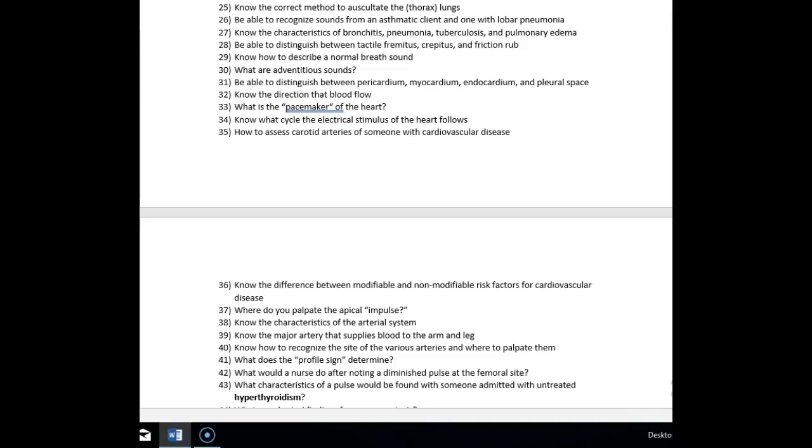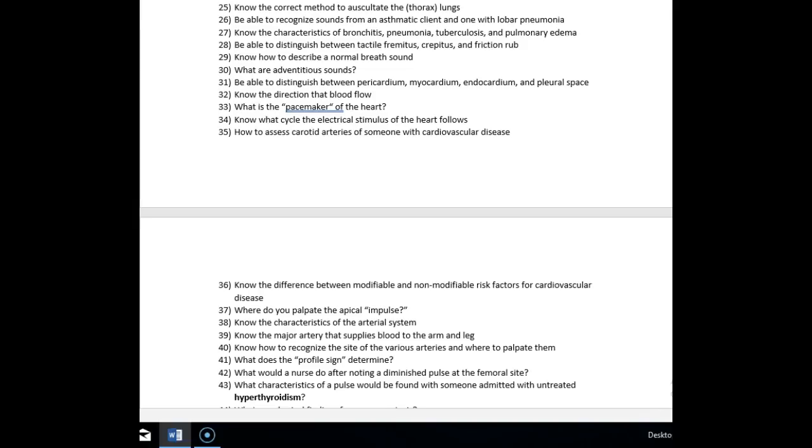With TB, people usually have night sweats and a temperature, and potentially hemoptysis, where they might spit up blood.